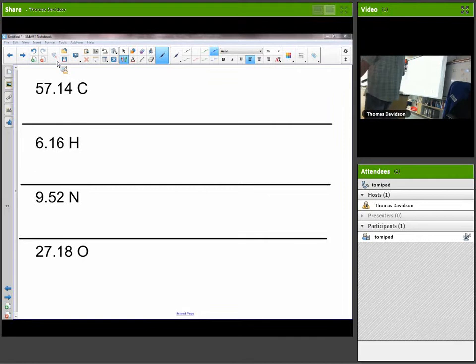So do you want the same thing? Yep, same process. I'm looking for the formula here. Now, this has a problem.